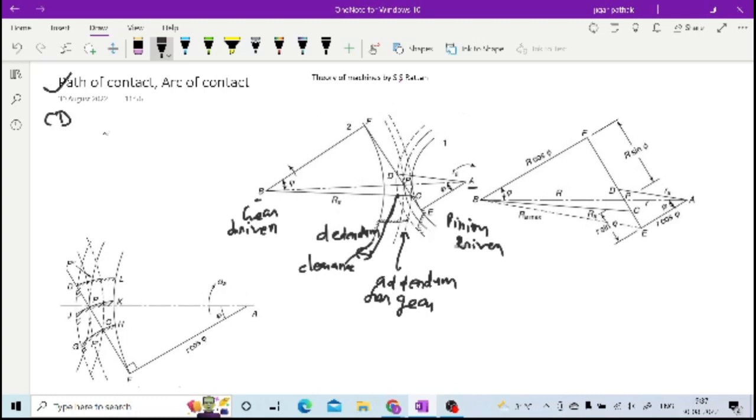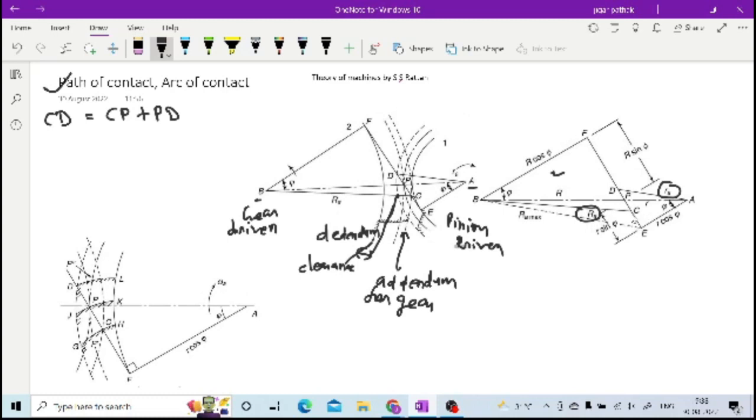CD is your path of contact, which can be clearly written as CP plus PD, as you can see in this geometry. Here it is more clear, right? So CP plus PD is your path of contact, and here you can see the pressure angle phi is given for both the gears, and RA is the addendum circle radius for the pinion, and RA is the addendum circle radius for the gear.